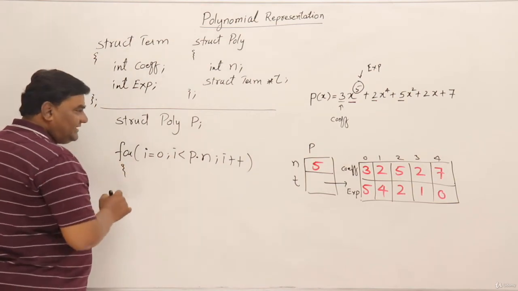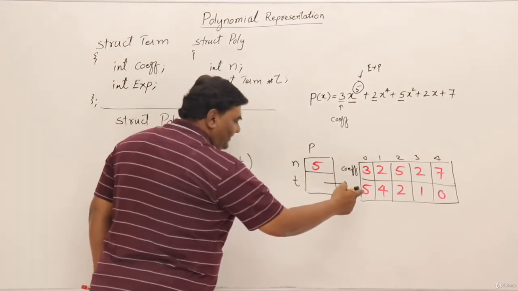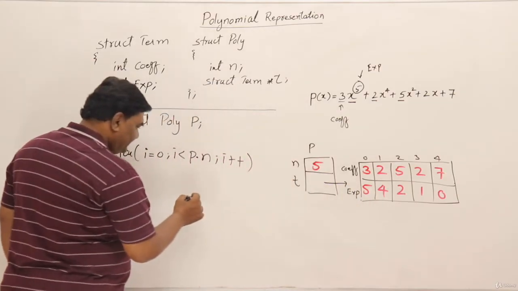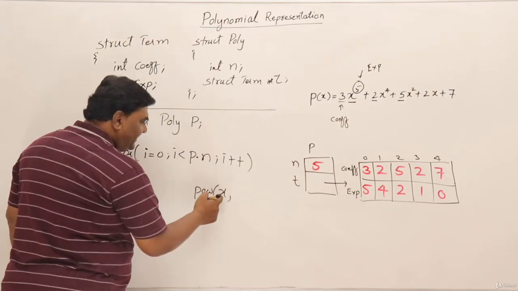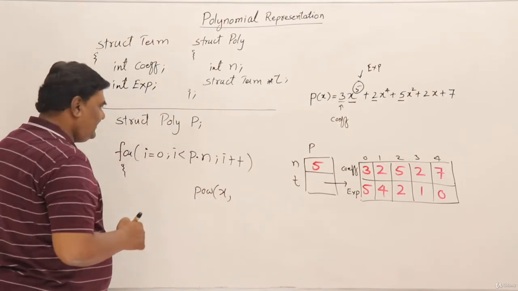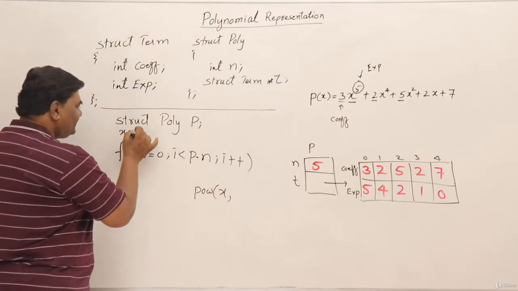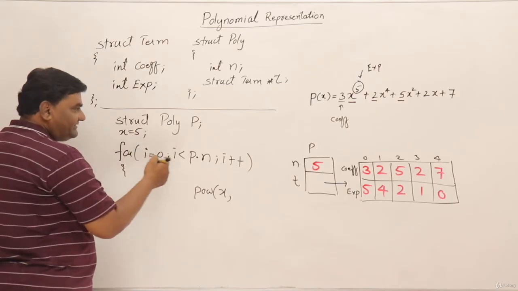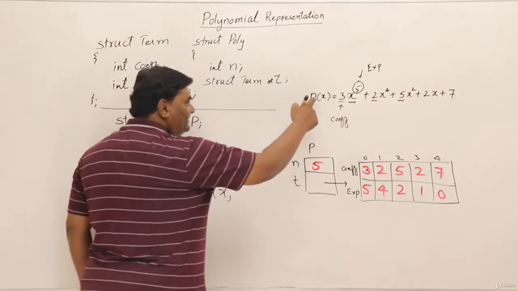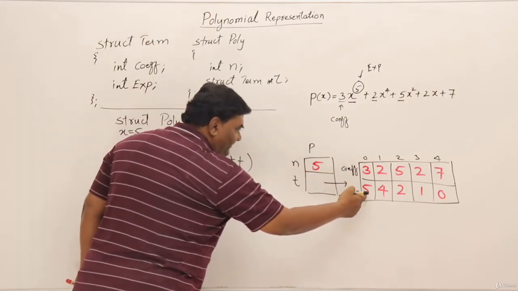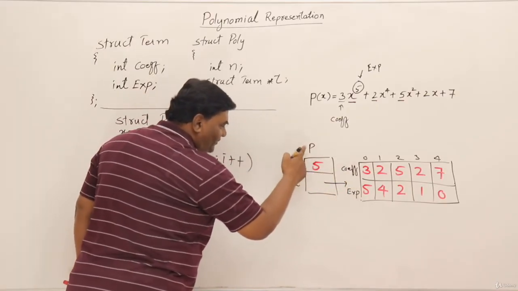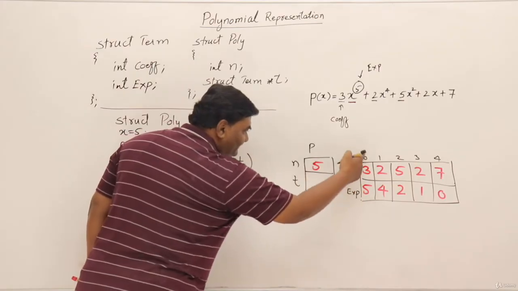Then every time we have to raise x to this power. So assume there is some variable x and we know its value, suppose x is 5. We want to place 5 in this polynomial, so x should be raised to this power. What is this? P.t of 0.